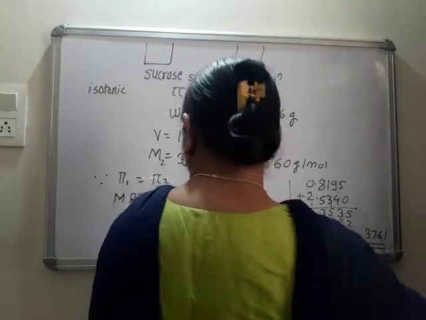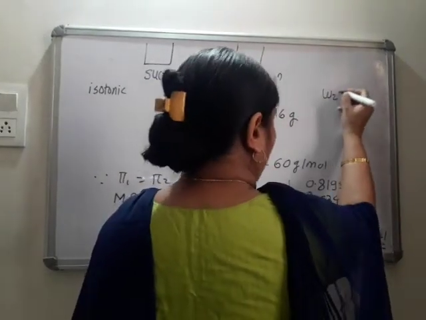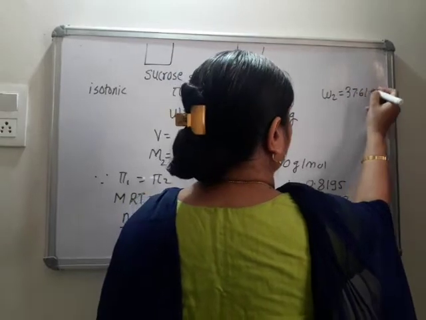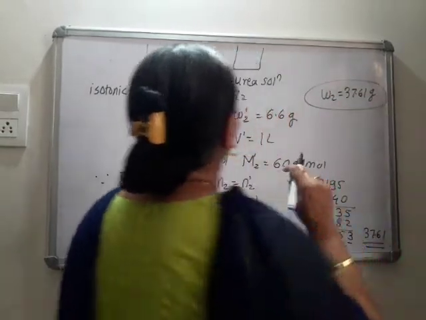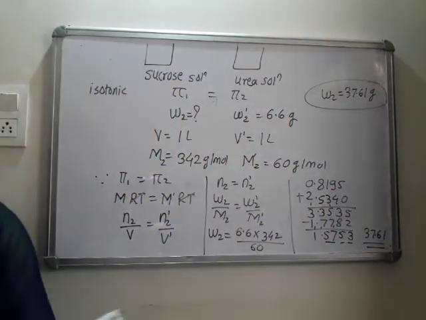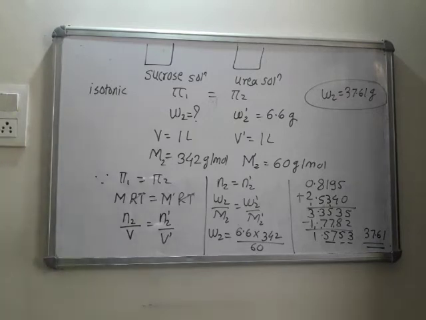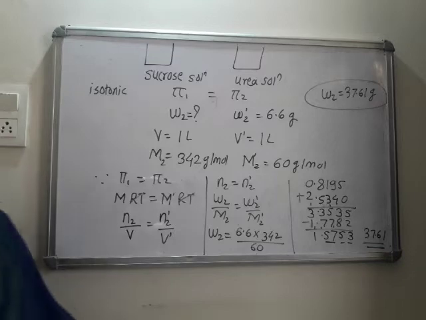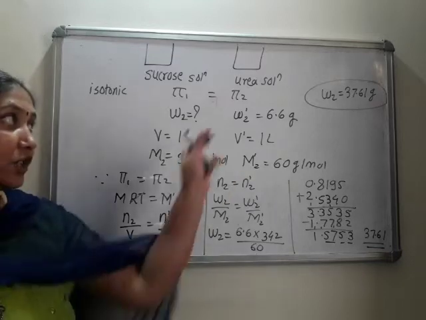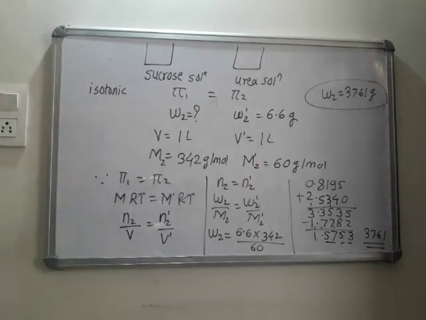So this is the answer. W2 is 37.61 gram. The amount of sucrose to be added in the solution to make its osmotic pressure equal to the urea solution must be 37.61 gram. Okay, complete this.